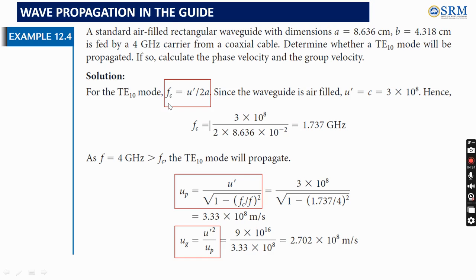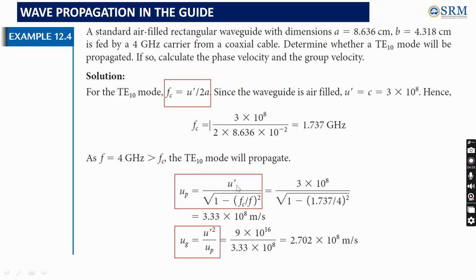For the TE10 mode, the cutoff frequency is u dash by 2a, and since it is air-filled, we replace u dash by the velocity of light, so 3 times 10 to the power 8 divided by twice the dimension a, converting the dimension from centimeters to meters. We get the cutoff frequency, and we can see that the frequency injected into the waveguide is more than the cutoff. So the TE10 mode will obviously propagate.